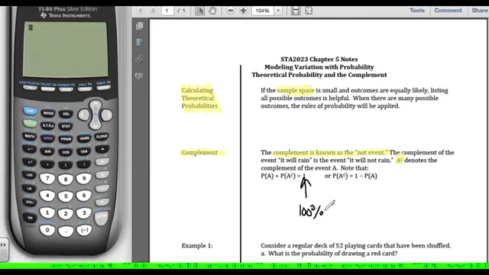That's a characteristic of complements. They always equal to 1 or 100%. That's how I knew if it's a 70% chance that it will rain today, then there's a 30% chance that it will not rain because those add to be 100. You could also derive from a little bit of algebra that the probability of A's complement is equal to 1 minus the probability of A. You could say 100% minus 70%. That would give you that 30%.